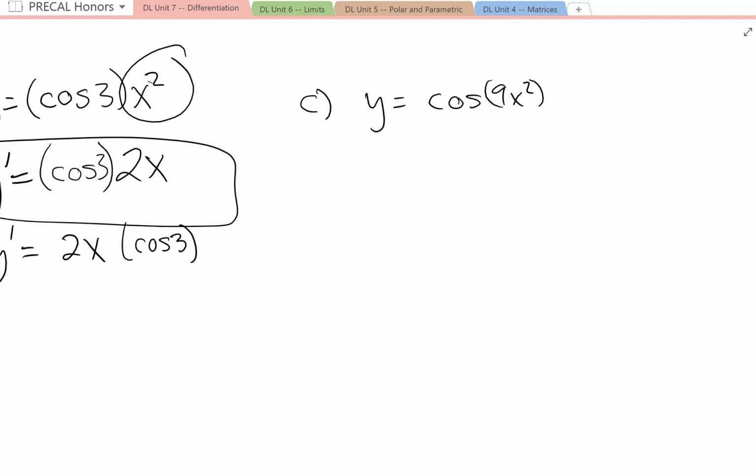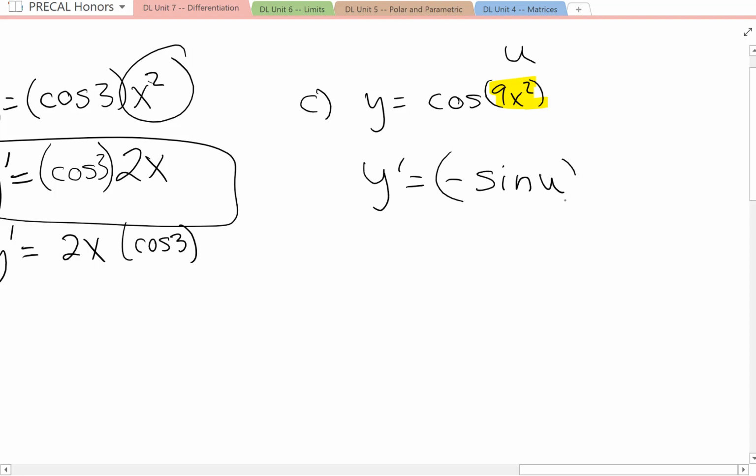This one is cosine of 9x squared, so 9x squared would be our u function, and y prime is equal to negative sine u times u prime. We've already done this. So y prime is equal to negative sine of 9x squared times the derivative of u.